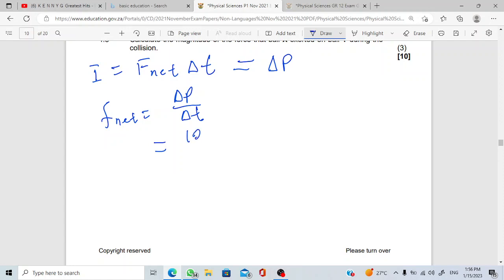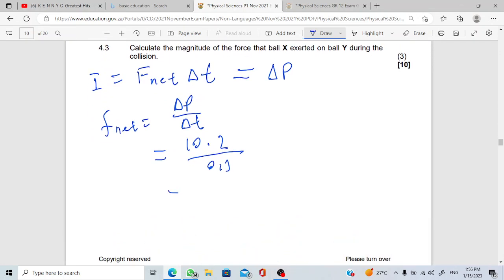So we have 10 times 2 over 0.1 seconds of contact. Now we are going to find our net force to be 200 newtons. Okay, now this will be due east.